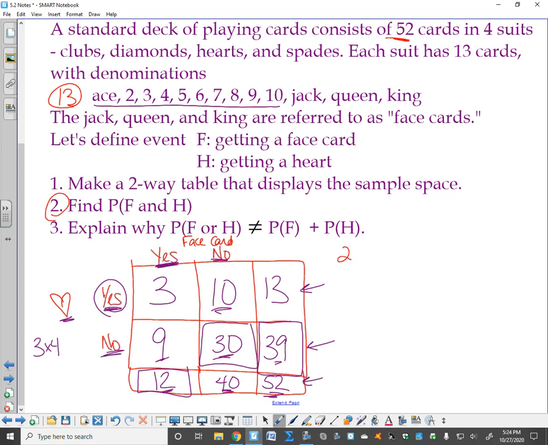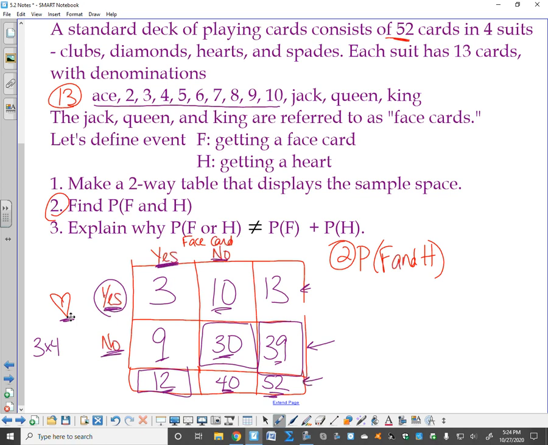So now, let's do number 2. I want the probability of F and H. Seems like we just had a formula for that up there. That would be the probability of F plus, nope, let's use our two-way table, sorry. Probability of F and H. Okay, so face card and a heart. Two-way tables are super nice because you can avoid some formulas.